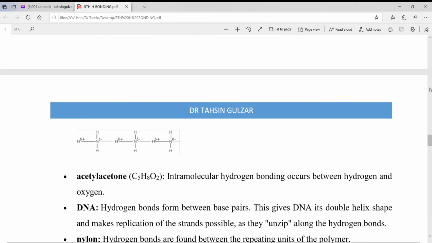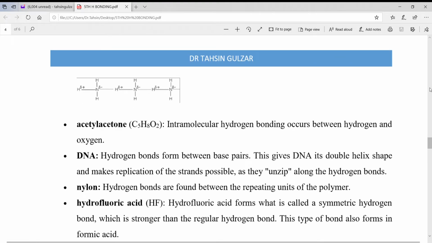I have drawn the structure. Acetylacetone, hydrogen bonding occurring between oxygen and hydrogen. DNA, as I have told you, the double helix shape of DNA is due to hydrogen bonding, and it unzips during replication.